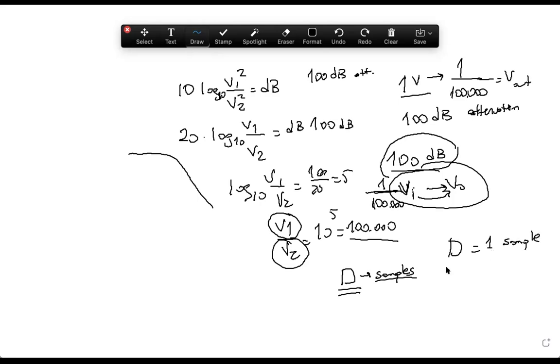If my sampling frequency is 100 Hertz, what is the delay in seconds? How do you find it? 10 to minus 2. Yeah. One sample times 1 over 100, arkadaşlar. Okay? So this is my TS, sampling period. 1 over TS is equal to FS. 1 over FS is equal to TS.